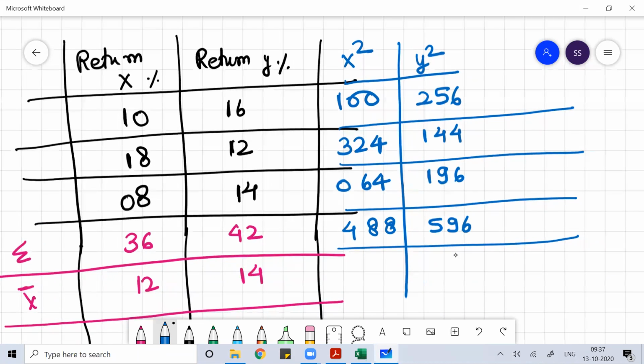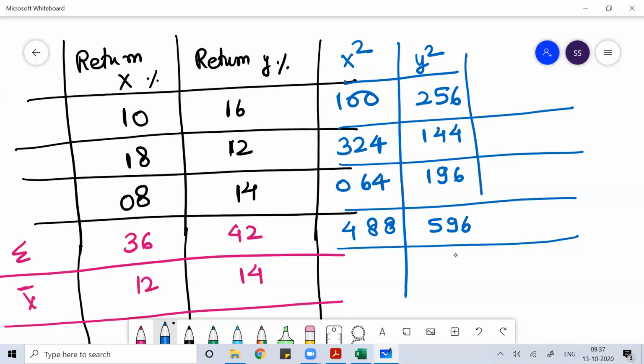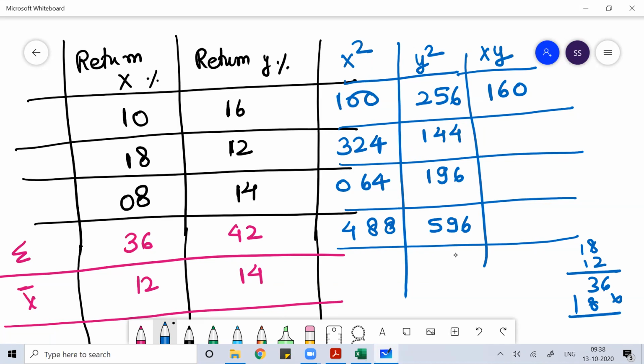Then I can find the value of x into y. 18 into 12 is 216, and 14 eights are 112.